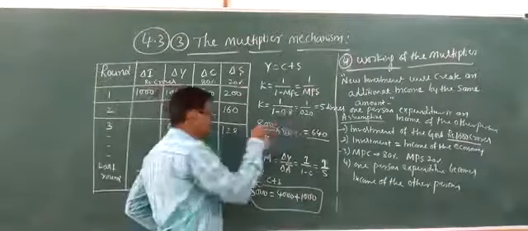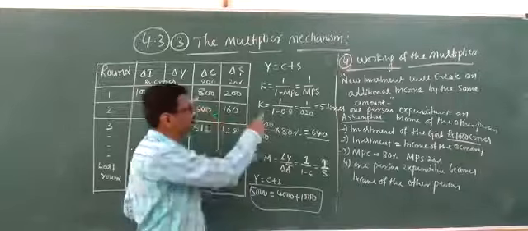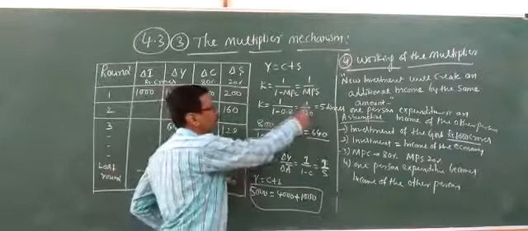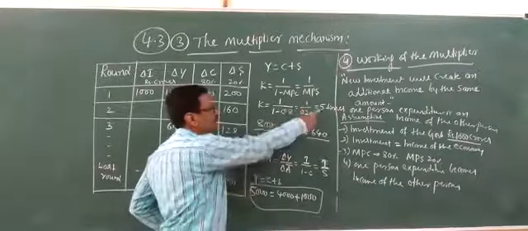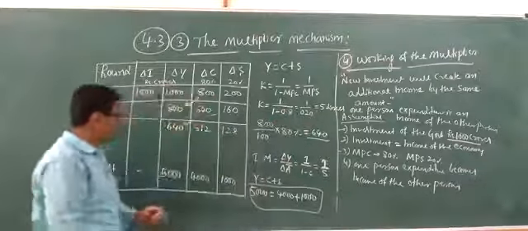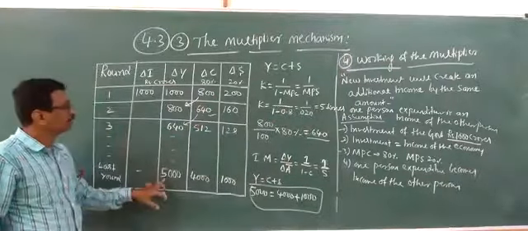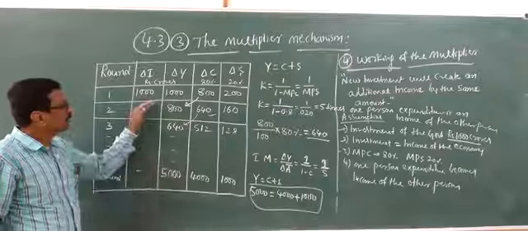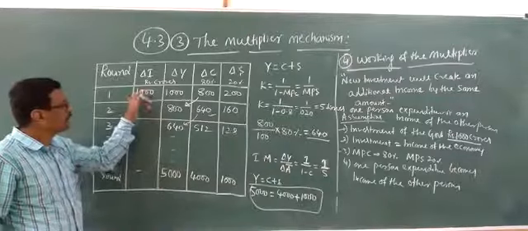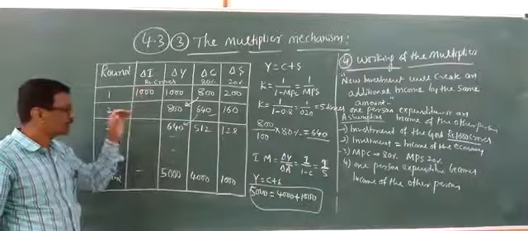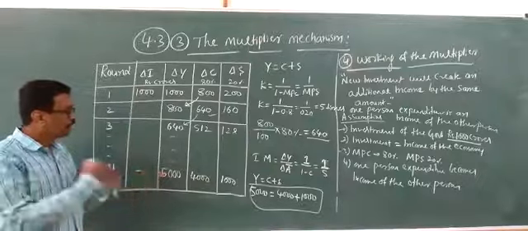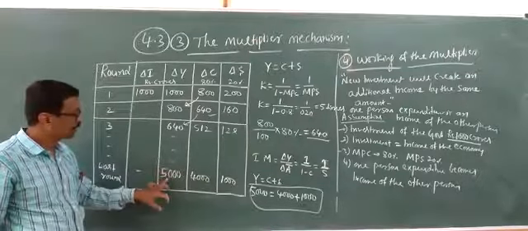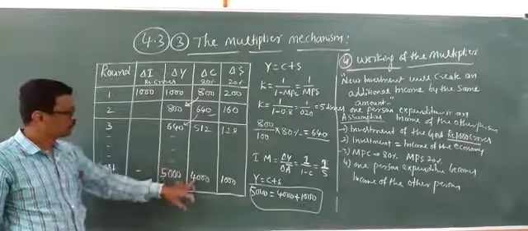So 5 times is the calculation. The 1000 investment created 5 times income generation in the economy: 5,000 rupees, of which 4,000 is consumption.